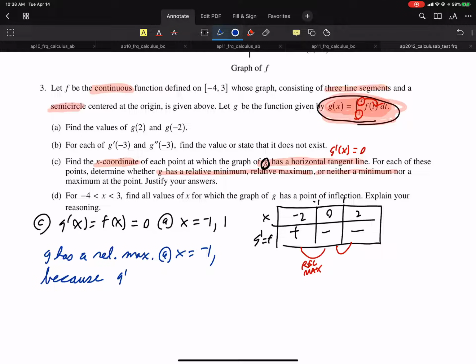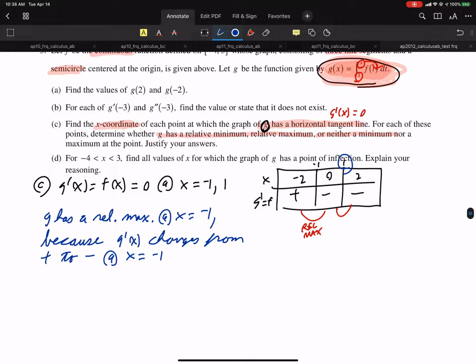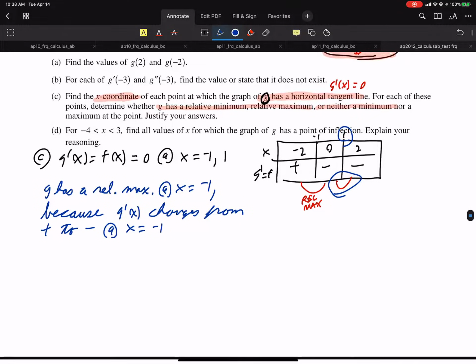Because g prime of x changes from positive to negative at x equals -1. And then at 1, there is no sign change, so there's neither a relative max or min, and you could say G has neither a rel max or min at x equals 1.